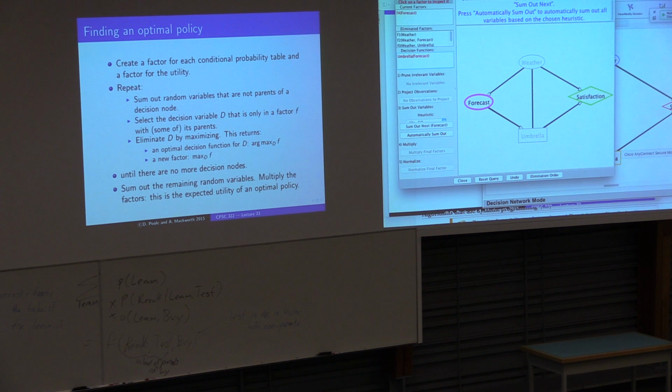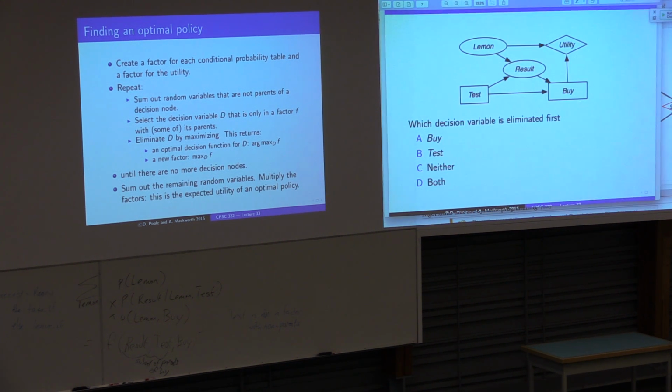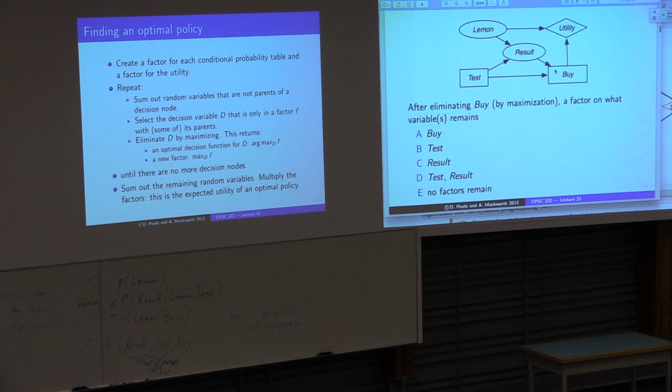All right. Let's get back to here. So we're going to eliminate by first. We're going to eliminate the last one first. All right. Let's keep going. Let's do the whole algorithm. It might be fun.